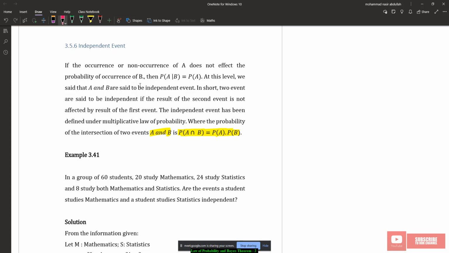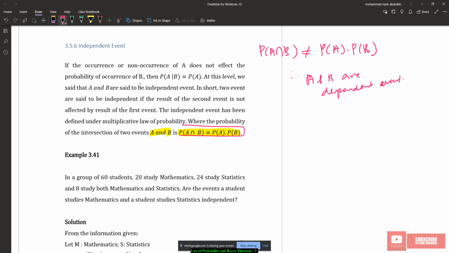When you get A intersect B not equal to probability of A multiplied by probability of B, then we can say that A and B are dependent events, right? So only when A intersect B equals probability of A multiplied by probability of B can we say that A and B are independent events, right? Okay, boleh ya? This is a simple concept.